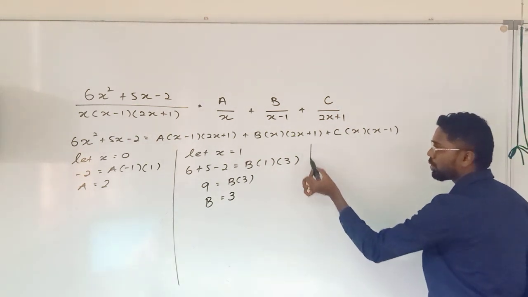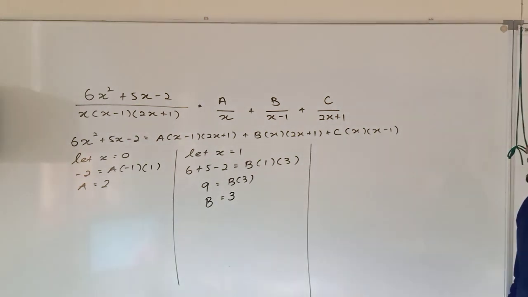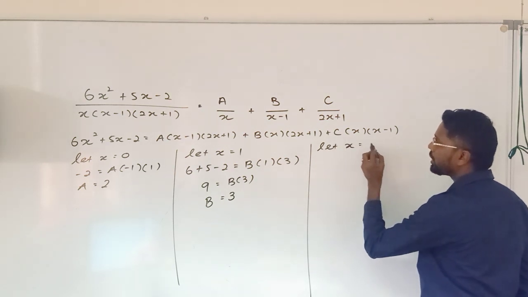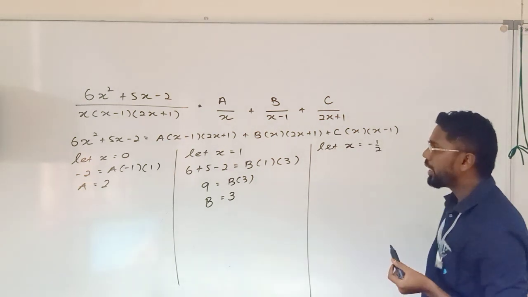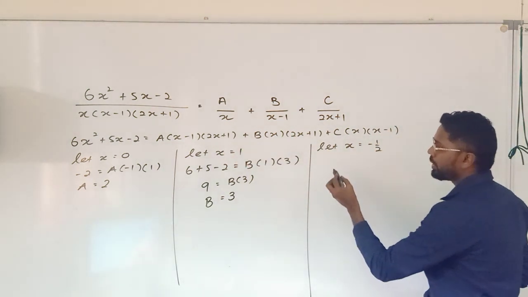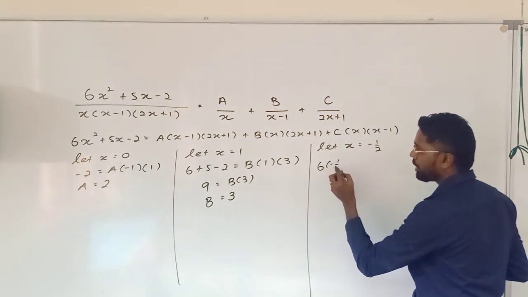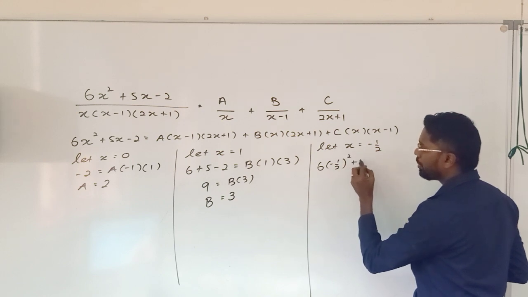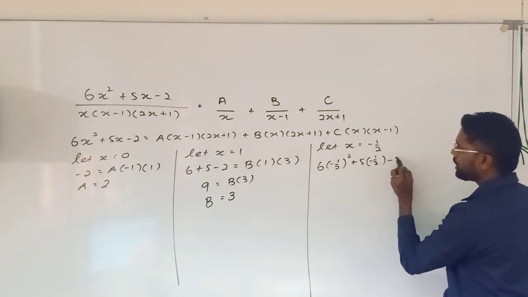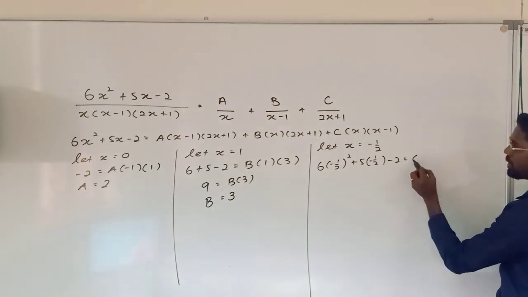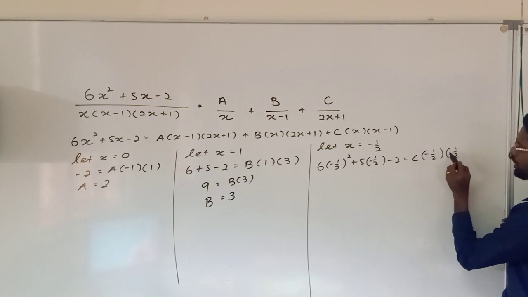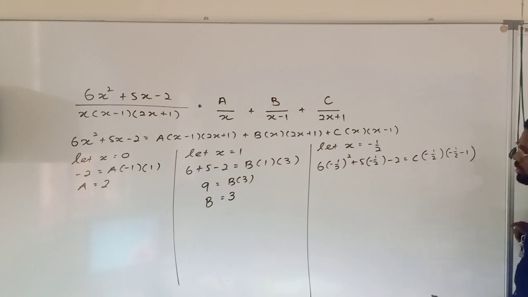And for the last constant c, we let x equal to negative half. So that here will be eliminated, and here also this is eliminated. So it's going to be 6 times negative half squared plus 5 times negative half minus 2 is equivalent to c times negative half times negative half minus 1.